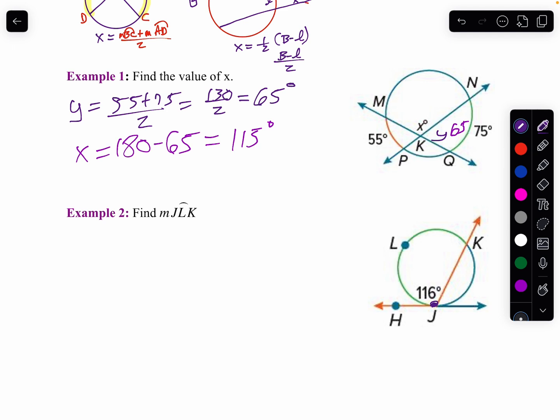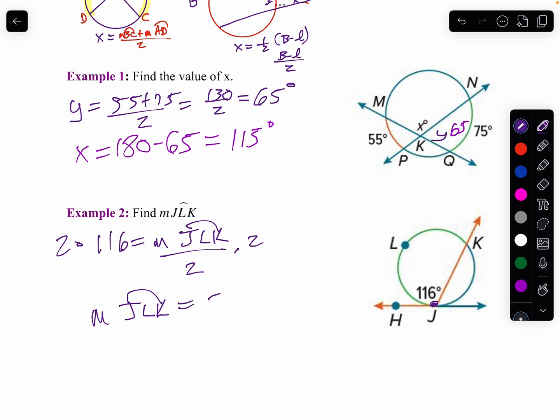So in other words, because it's on the circle, it's kind of like an inscribed angle. It's half the arc. So 116 equals the measure of arc JLK divided by 2. So all I do is multiply by 2 on both sides, and the measure of arc JLK is going to be 232 degrees.